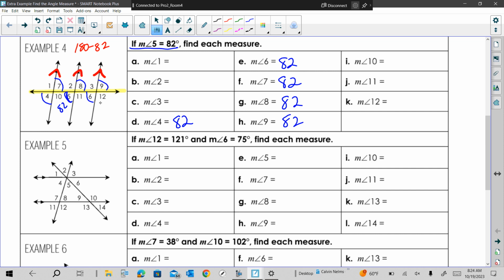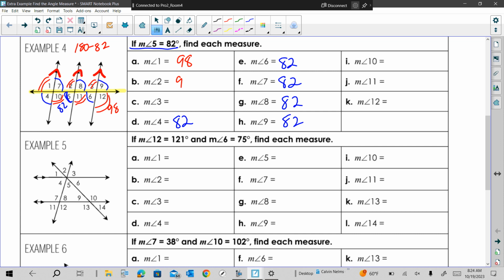So that means we're going to get 98. So that means 1 is 98. All of these double arcs are congruent for me. Okay, so we get 98. Where's my angle 2?